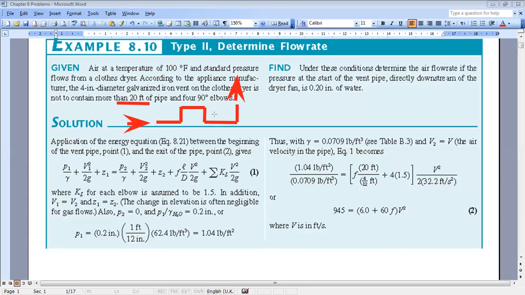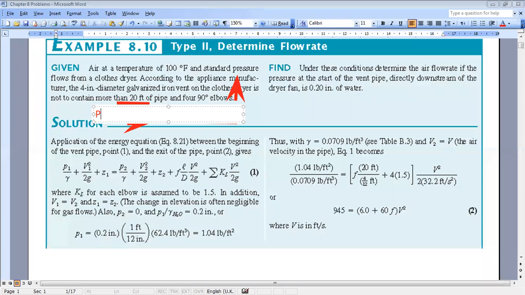Since they didn't specify anything about the elevation, you can consider that the change in elevation is negligible. They should tell you to neglect the change in elevation, for example, or you can have your system in a horizontal plane. If this system is in a horizontal plane, then there is no variation in elevation. So the initial conditions are given.